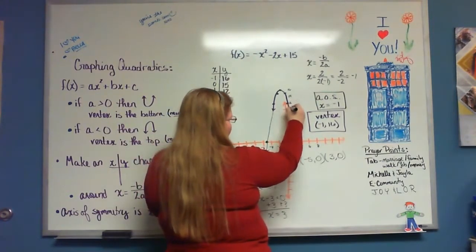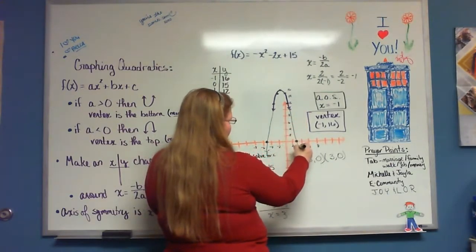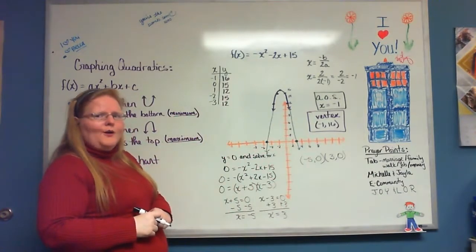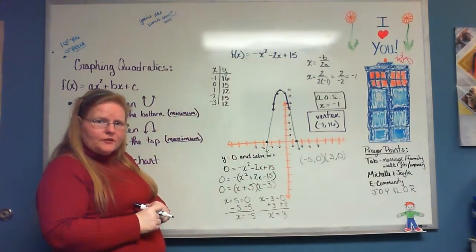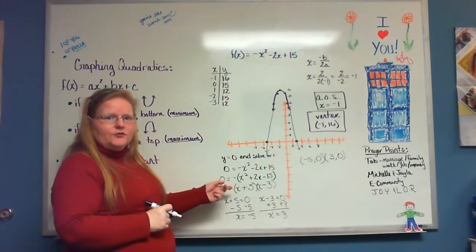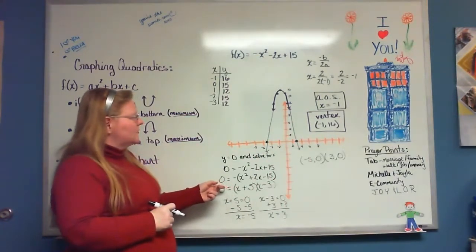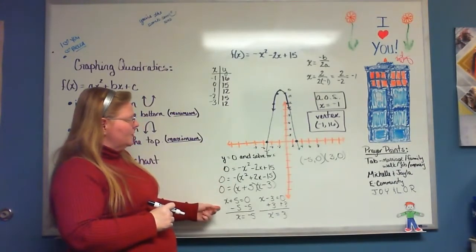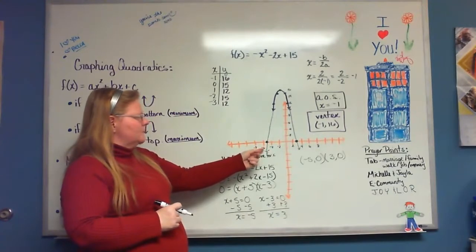And if I were to have extended that on down, it would have crossed right there. Way back when we were factoring, we were really graphing x-intercepts. Because that's what we did. When we solved, we found x-intercepts.